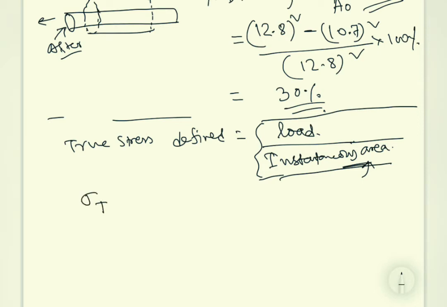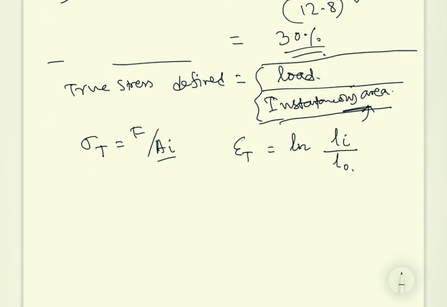For true stress sigma t, this is actually instantaneous force by instantaneous area, right? And the true strain is ln of l i, that is instantaneous length, by L naught. If no volume change occurs in the system, then obviously the volume at the instantaneous condition is equal to that at the initial condition, right?